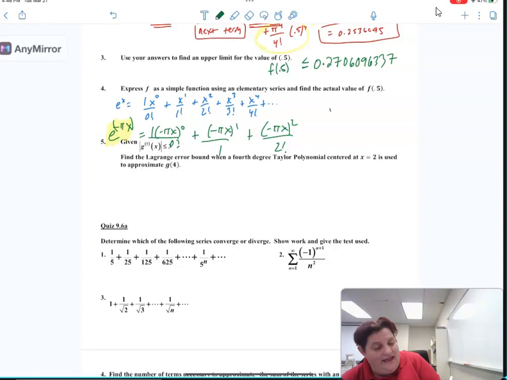And so use that to find the actual value of f of 0.5. The actual value will be e to the negative pi times 0.5.